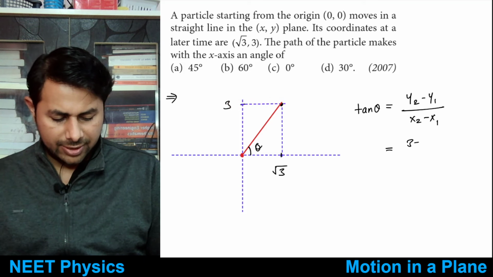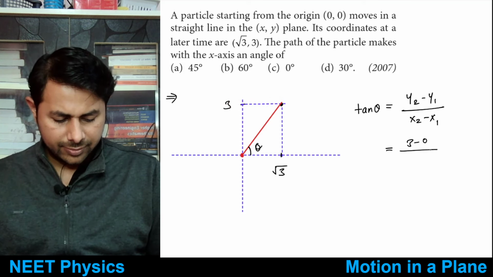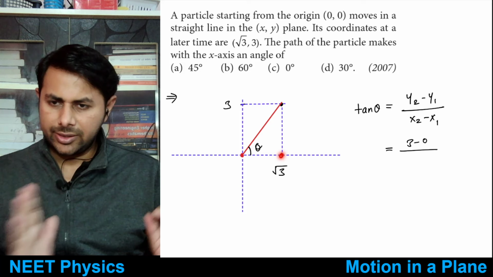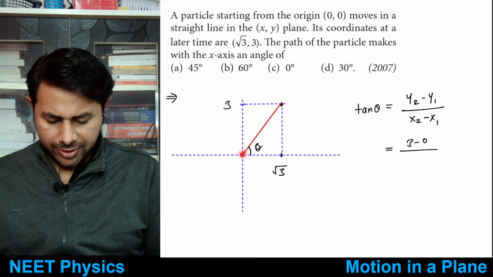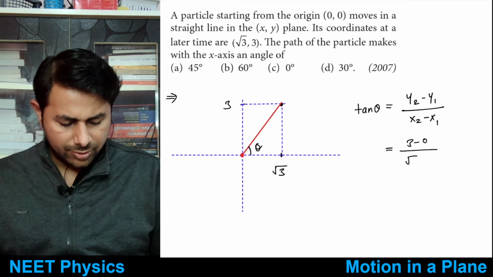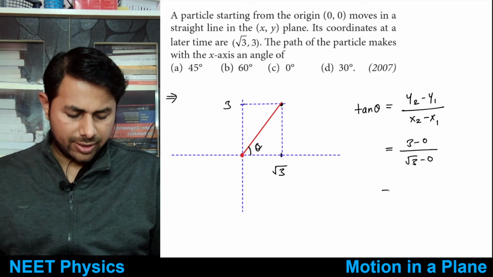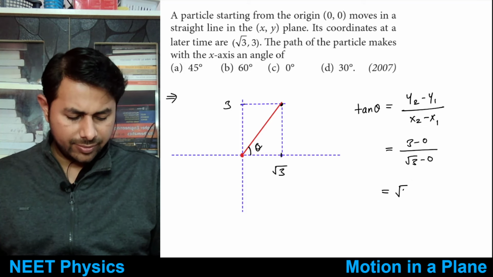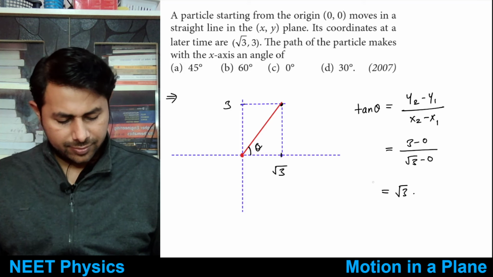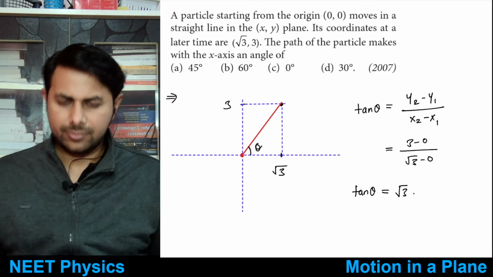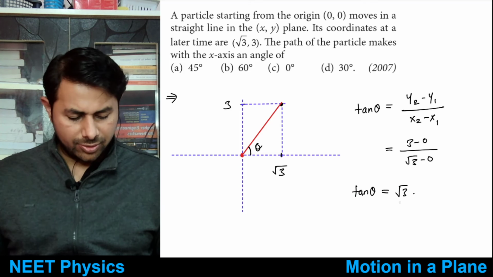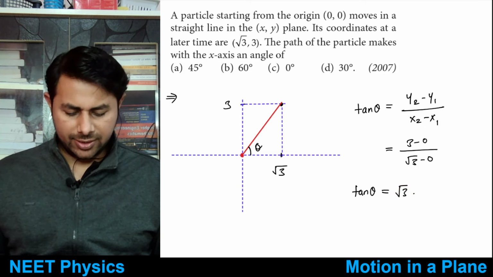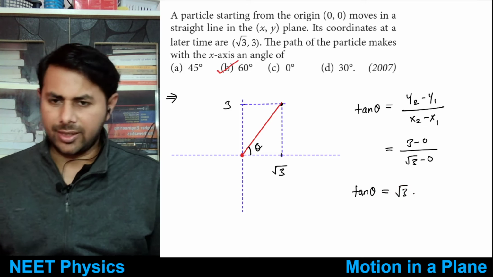So that's 3 minus 0 divided by x2 minus x1. x2 is root 3, x1 is 0. So root 3 minus 0, so 3 by root 3. So tan of theta is root 3. So what's the angle? Tan of which angle is root 3? 60 degrees, right? So it is option B, correct.